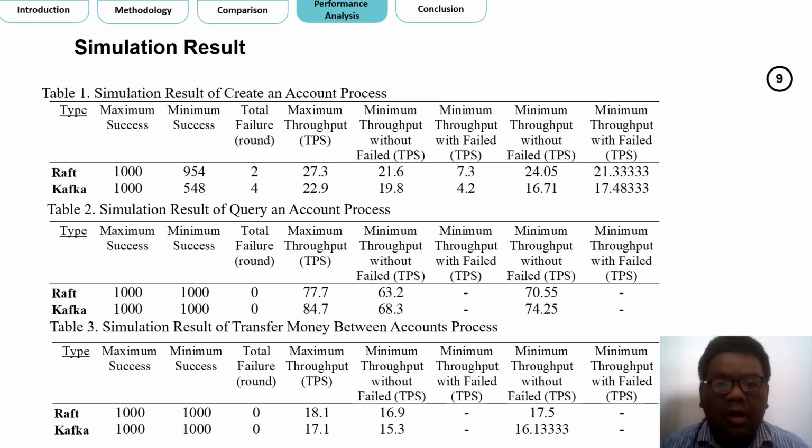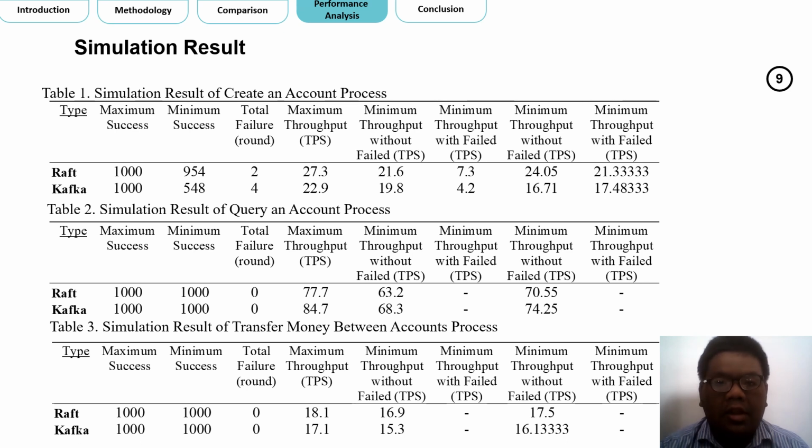From the result obtained, the invoke process, or create and transfer, on Raft is superior to Kafka due to several possibilities. First, Raft has the Raft center which is created directly from ordering service nodes, compared to Kafka, which must make Kafka brokers and zookeeper ensemble, so that the invoke process is carried out faster.